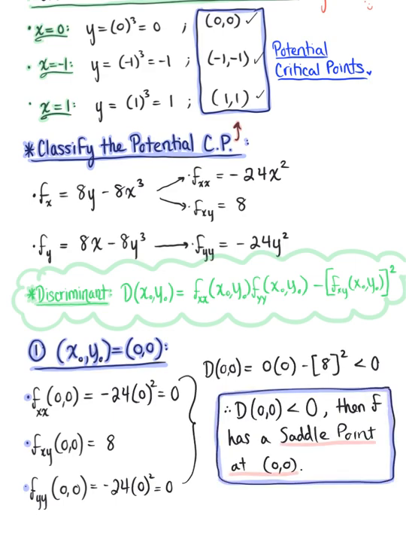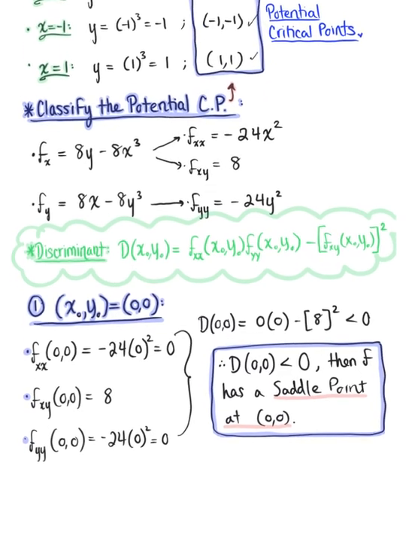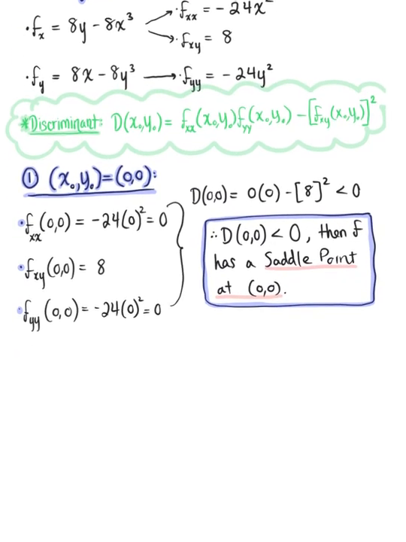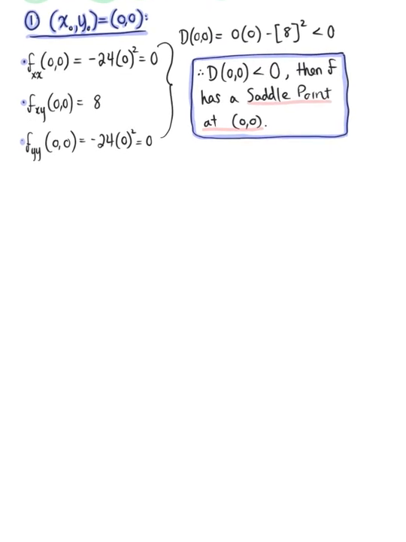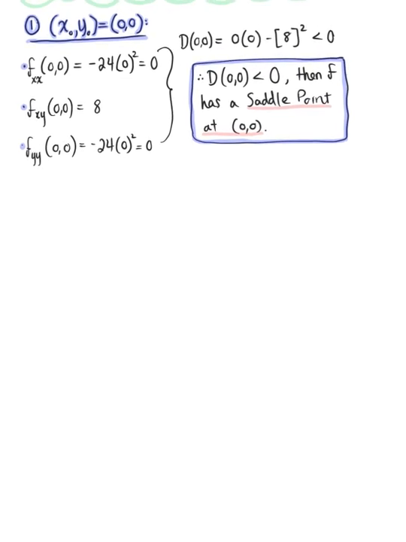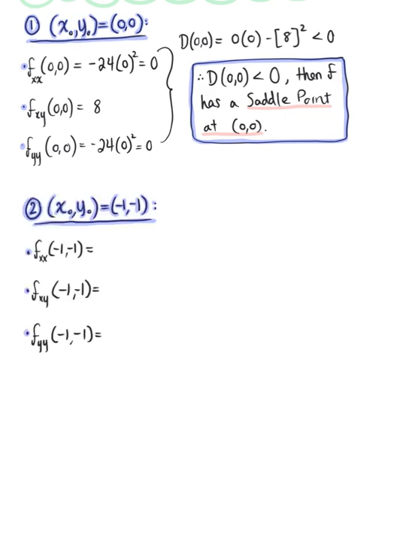So we want to go and do this same thing for the other two potential critical points. Our second potential critical point is the ordered pair (-1, -1). So we have the second order partial derivative of x with respect to x at (-1, -1) will be -24 multiplied by negative 1 squared, which is 1.